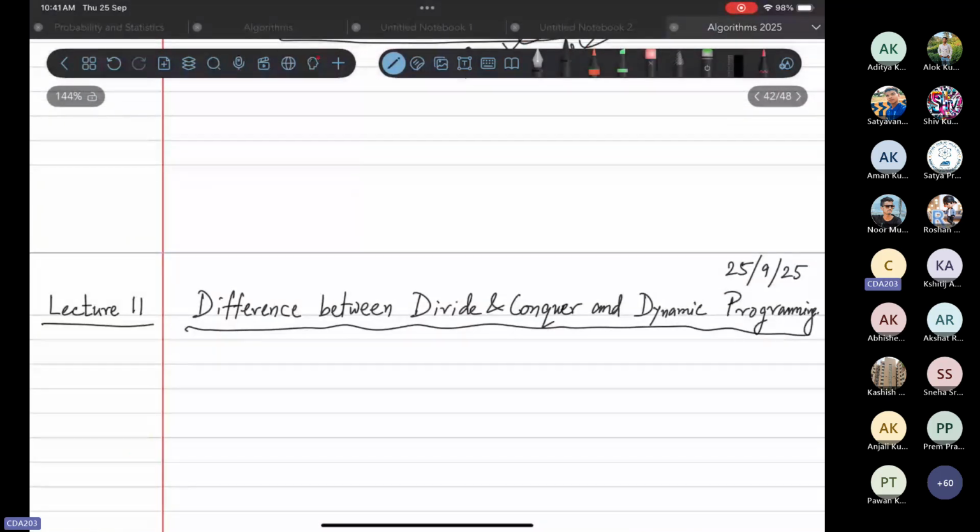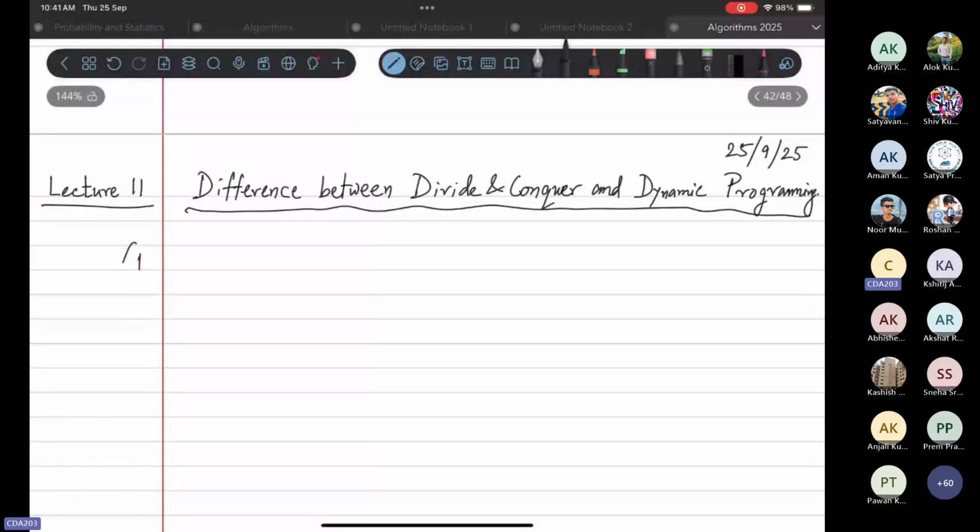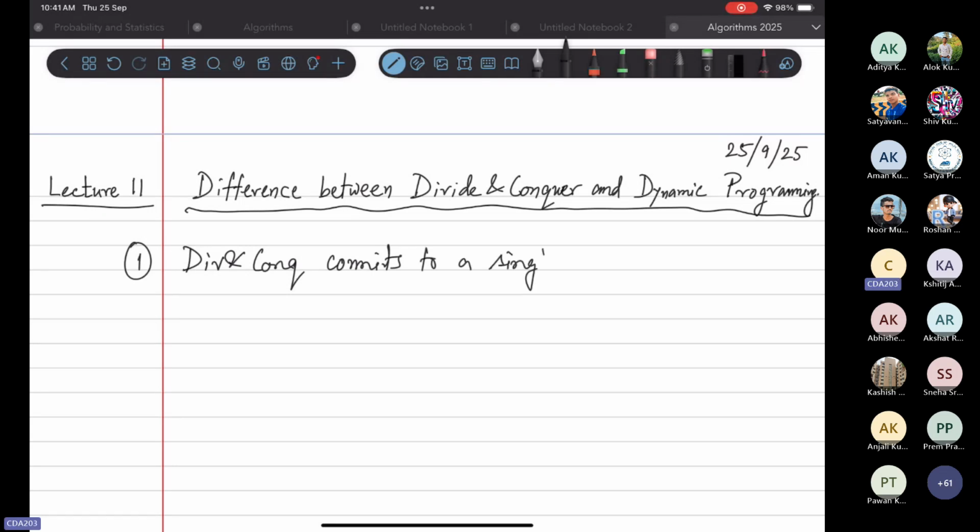So let me write it down. The main difference in this approach: divide and conquer commits to a single way of division.